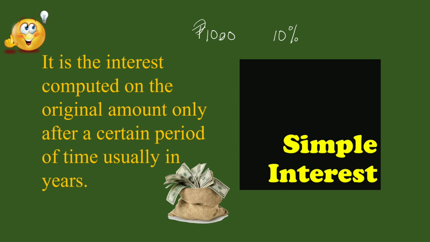So therefore, after 1 year, you will return 10% of 1,000 and that 1,000 also. So all in all, you should be returning 1,100 pesos. Okay? So the simple interest in this scenario is the 100 pesos. Okay? So let us discuss more of this on the next slides.